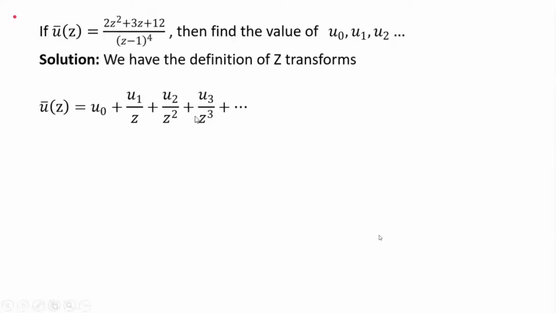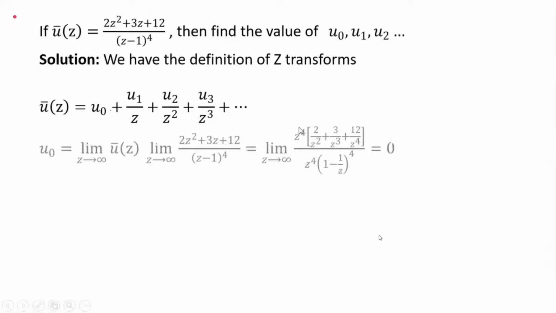Now, can you see that to get u naught, I can just take the limit of this as Z tends to infinity, because all these other terms will become 0. So it is the limit of u bar of Z as Z tends to infinity, which is equal to the limit of this by this as Z tends to infinity.